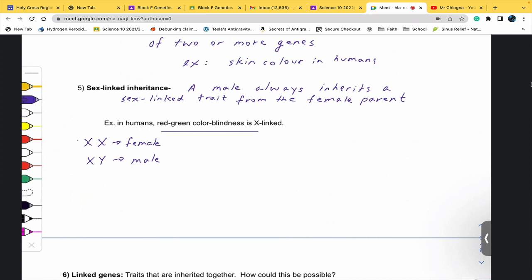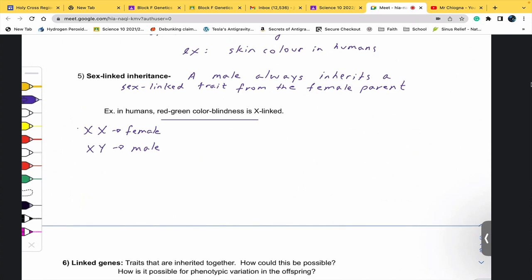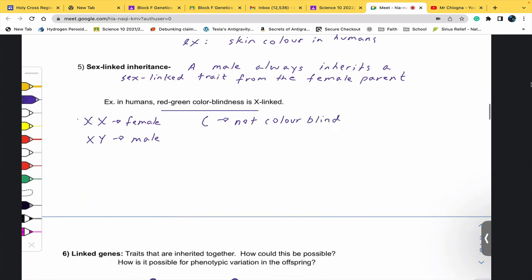Okay, so we're going to draw a Punnett square here. Big C will represent not colorblind, and little c colorblind.